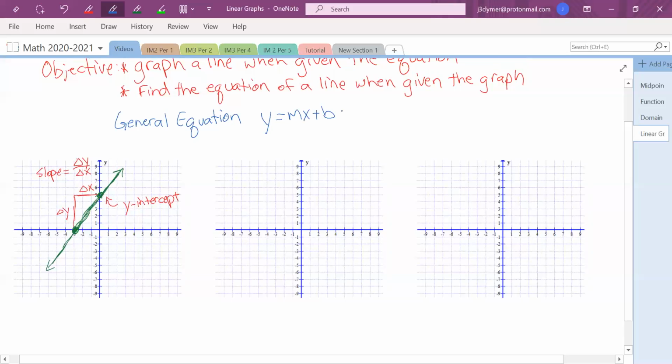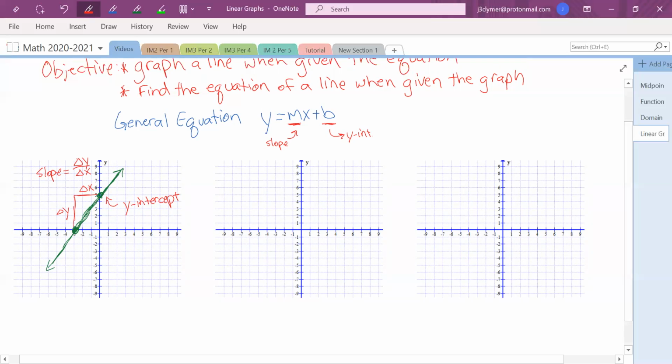In the slope-intercept form, this one right here is the slope, and this one right here is the intercept. So the b is what we call the y-intercept, and the m is the slope. It's called the slope-intercept form because it gives us the slope and the intercept. So that's what we're going to take a look at.